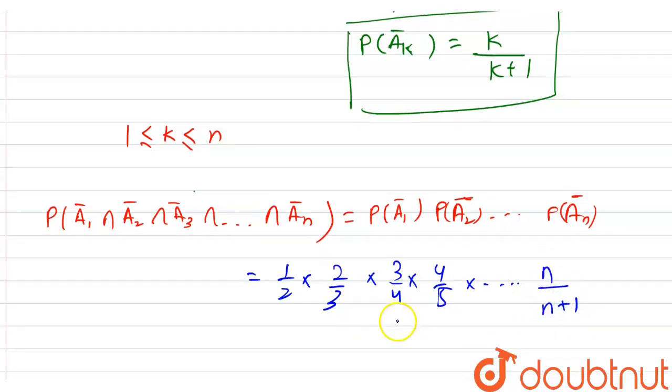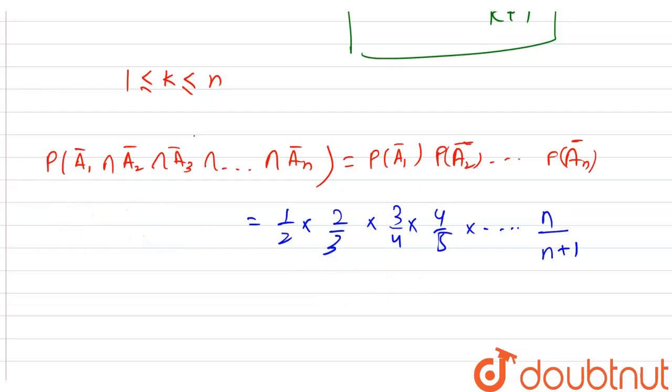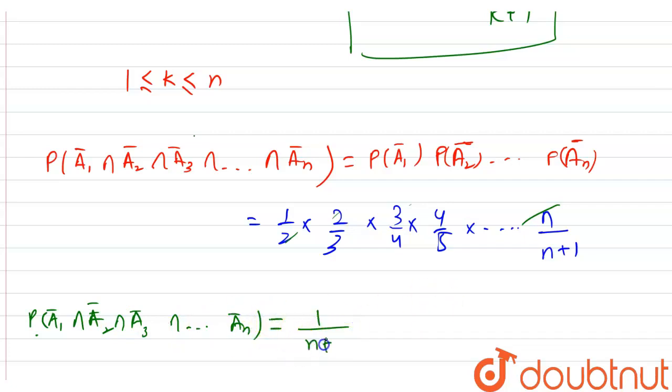Now if you can see here, this 2 will cancel out with this 2, this 3 will cancel out this 3, 4 will cancel out 4, and so on. Finally only the n cancels, but the n plus 1 remains. So P of A1 bar intersection A2 bar intersection A3 bar intersection and so on An bar will be equal to 1 over n plus 1 only, because all the other terms cancel out.